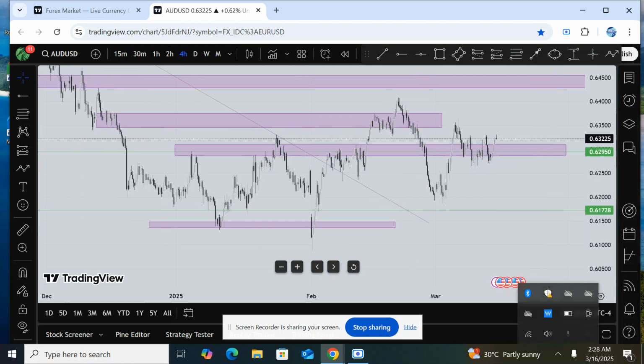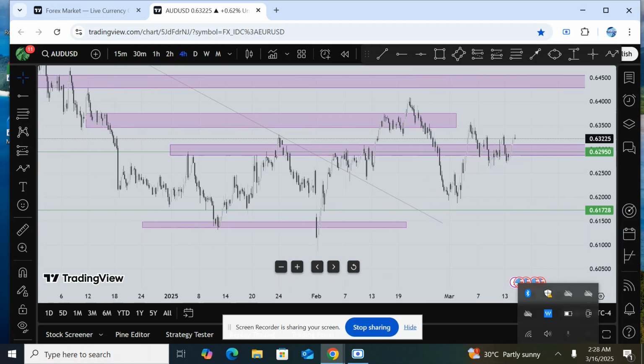Because you see, the market came down from the double bottom, came all the way here. We should be expecting the market to pull back right about here on the neckline and then boom to the other side. But no, that did not happen. The market broke down below, came here, then fired all the way to this side, came here. It's not really giving a clear direction. So for now, we're going to step aside for AUD USD.